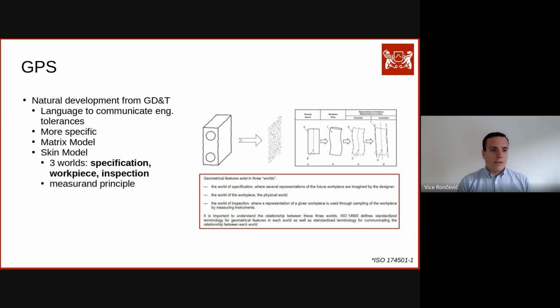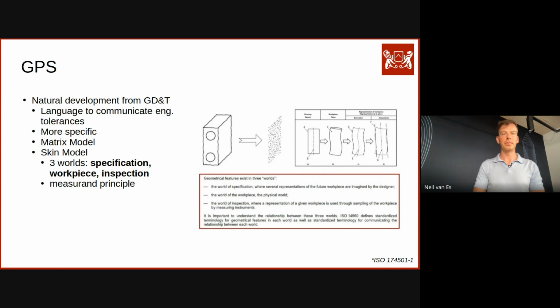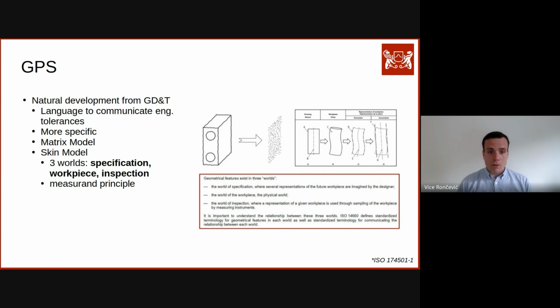Yeah, at this point it is already an old family of standards that is doing exactly the same thing as the GPS family of standards does, except it has a little less flexibility, simply because it is old. And we will talk from now on only about GPS. Okay. And the GPS is, as GD&T was, a language to communicate engineering tolerances.